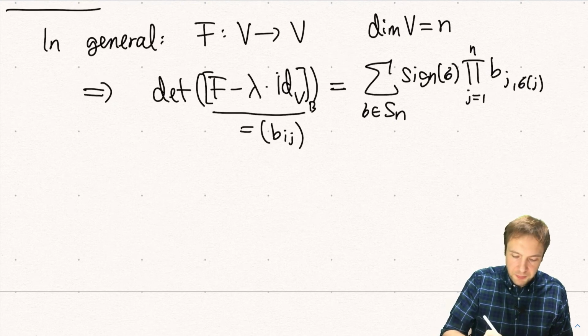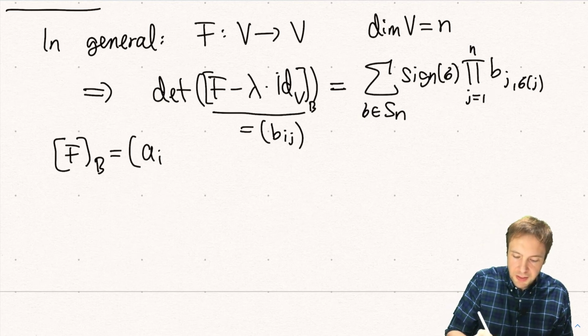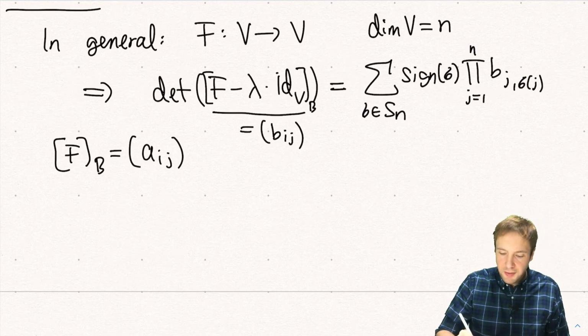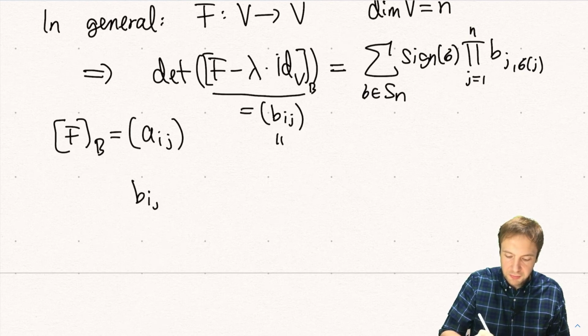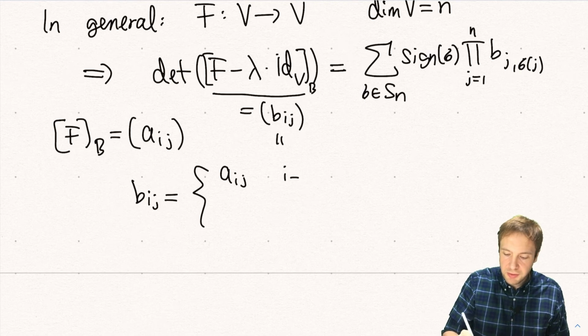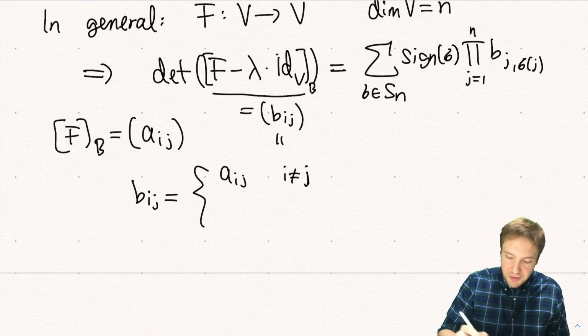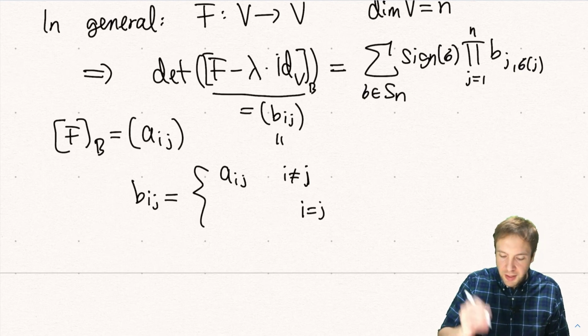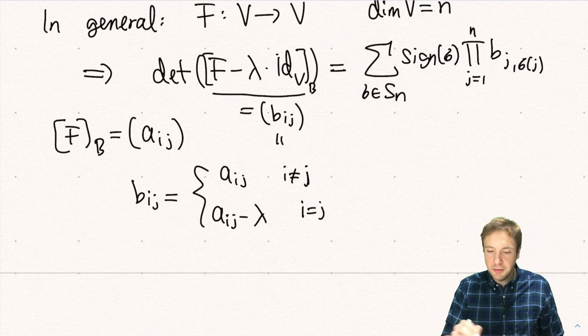And if the matrix of F, which in our example was A, is given by the entries a_ij, then the b_ij are the same as a_ij if i is not j, and if i equals j, so on the diagonal, we subtract lambda.